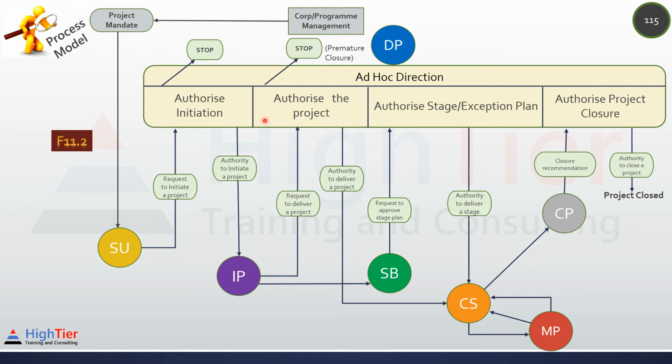For every arrow going up, an arrow should come down, as you can see here. This is just a simple flow of processes. In the next topic, we will see how these processes fit into stages.